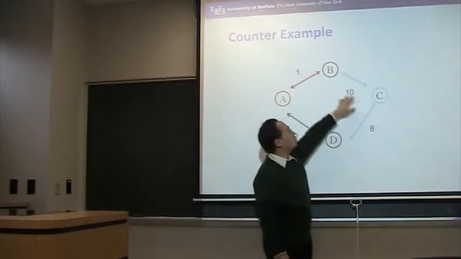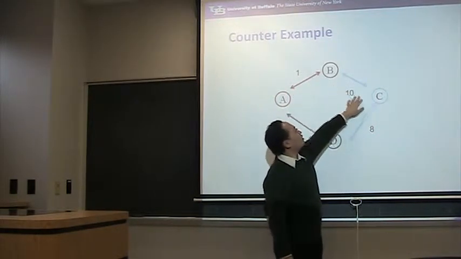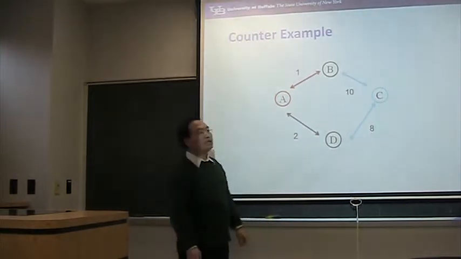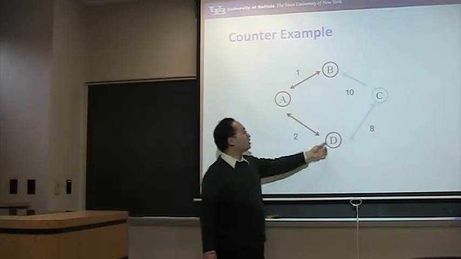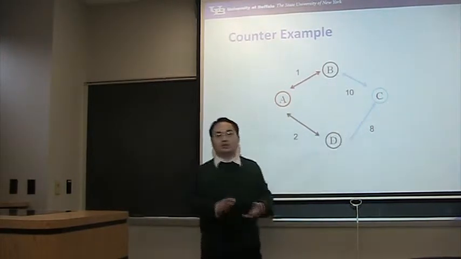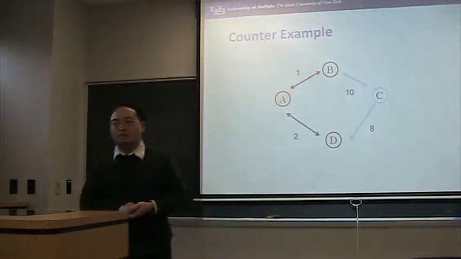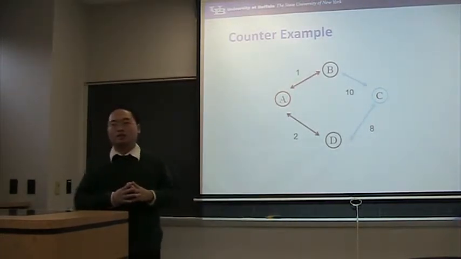Then we say these two shortest path trees meet. So this path is 10 plus 1 equals 11. But there is another shortest path that has not been explored, and the path weight is 10. So I would say that this bidirectional search is a heuristic.